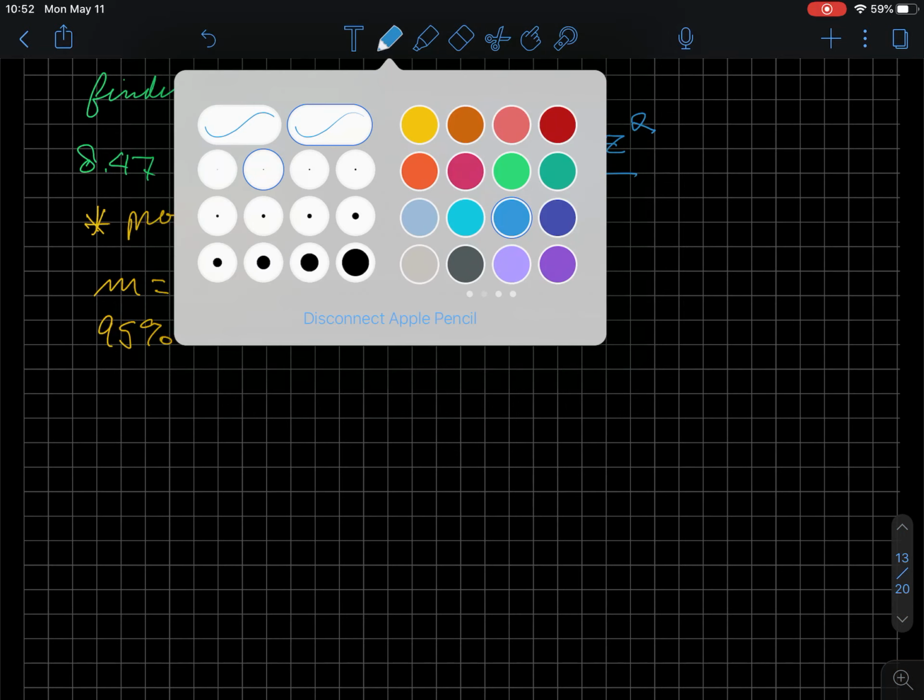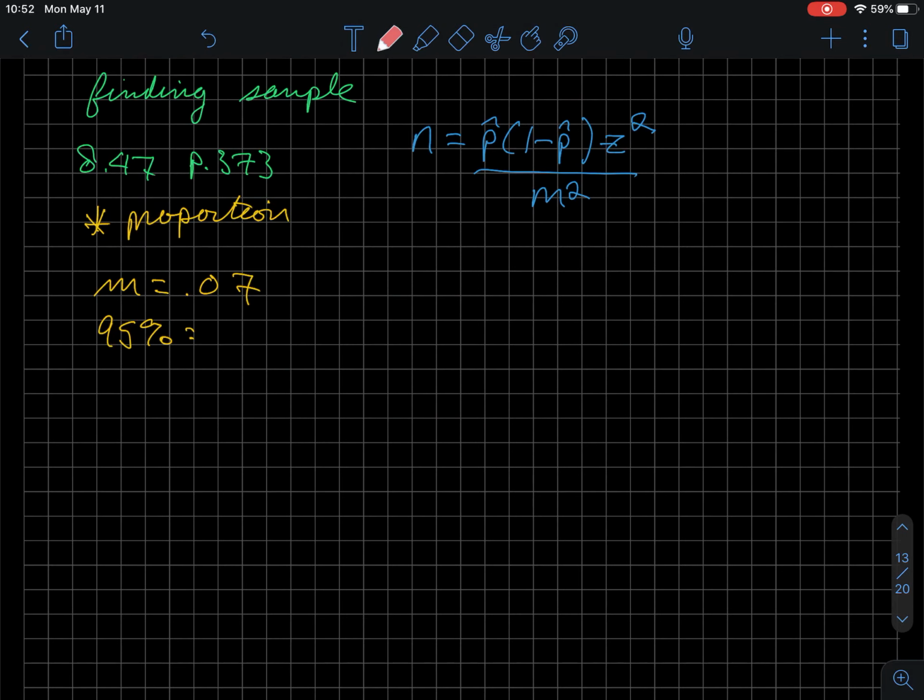So for this particular problem, the way that we're going to solve this is that the sample size is going to be equal to, because we don't know any information of what that value might be, it's unknown, we use 0.5 times 1 minus 0.5.